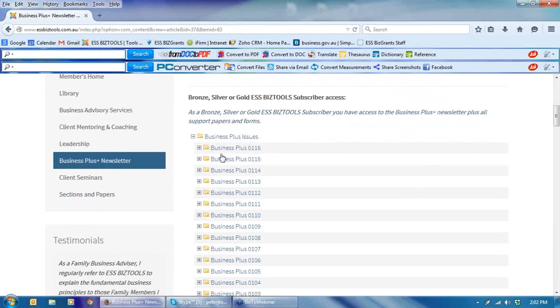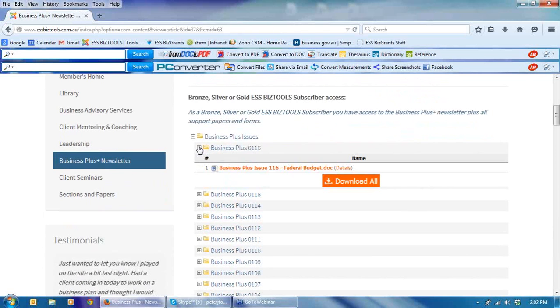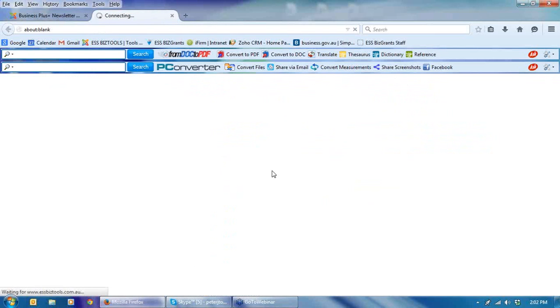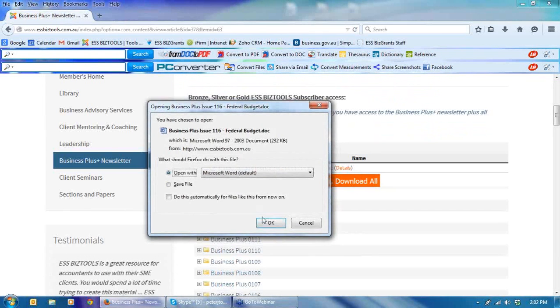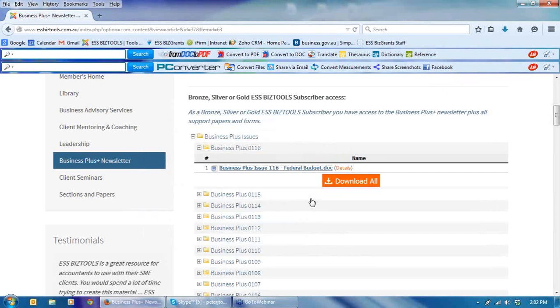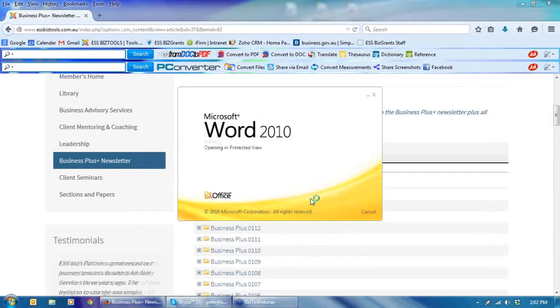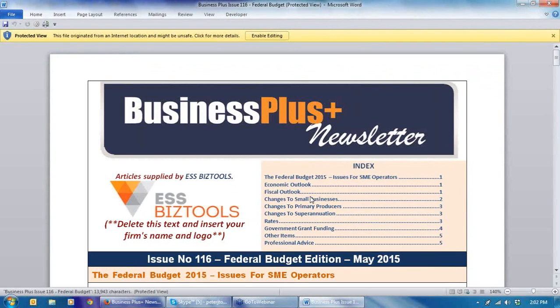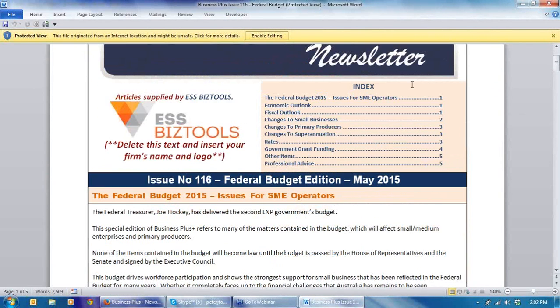So in the first instance, we'll have a look at a previous newsletter. This one was produced for the 2015 budget relating to the effect of the budget on small, medium enterprises.